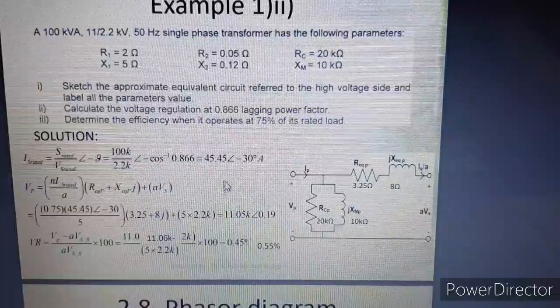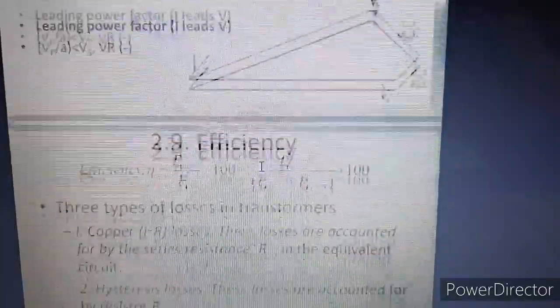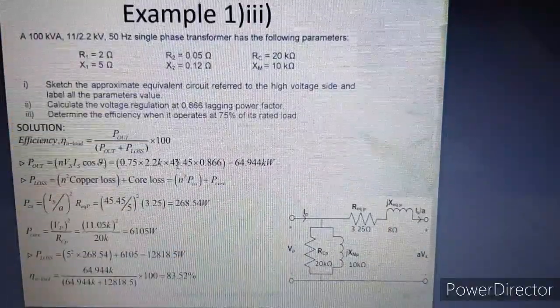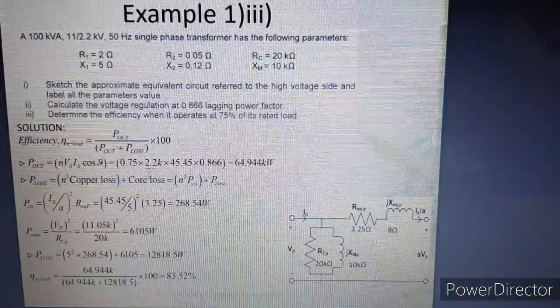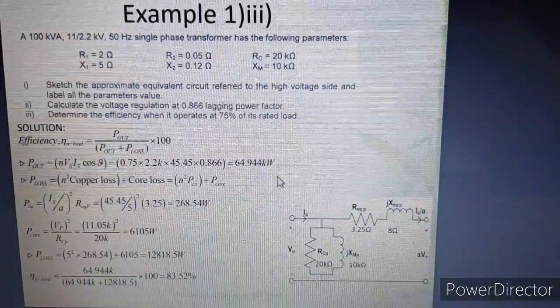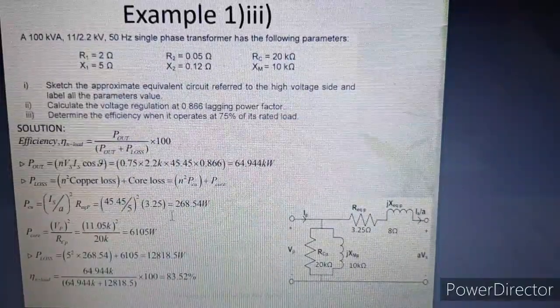IS rated is 45.45, angle of negative 30, so just take the magnitude, times cos theta, which is your power factor 0.88. So that is your P out. Now you just have to calculate your copper loss and core loss.